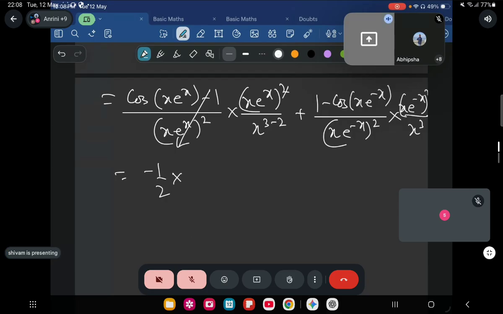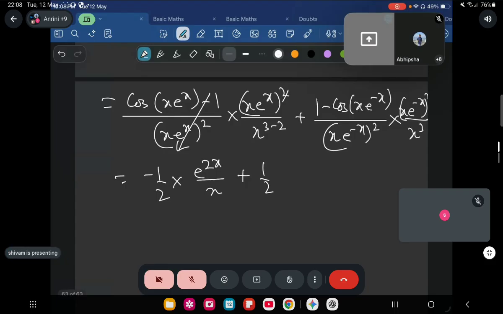We are going to get minus half into e to the power 2x by x, plus half into e to the power minus 2x by x. Okay, so I think we are getting the same thing.